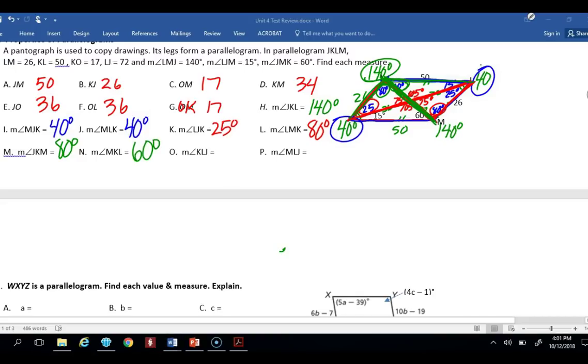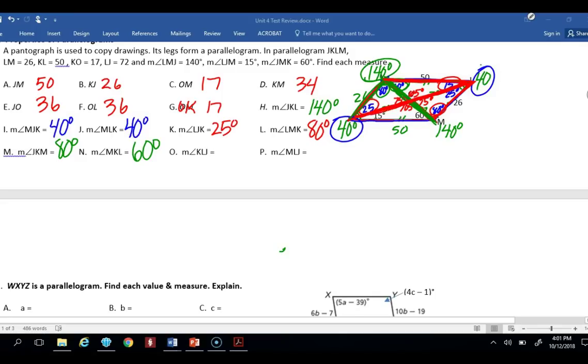Then we have KLJ. I'm going to go with another color again, y'all. KLJ is this angle right here. So that's 15. Wait.